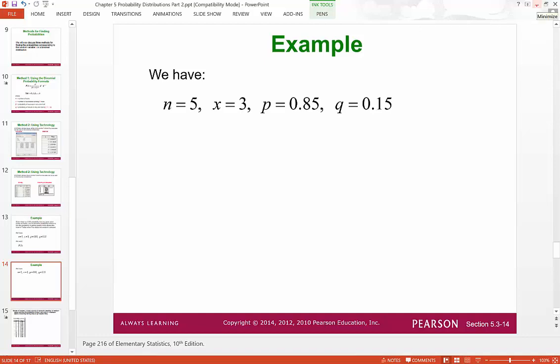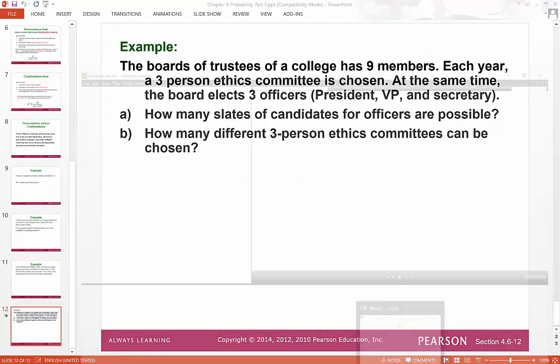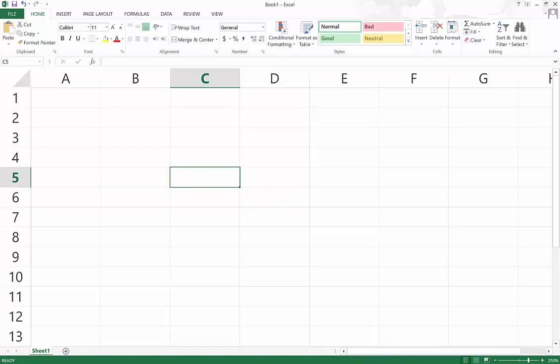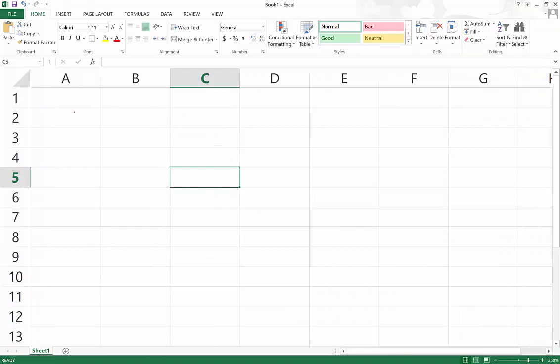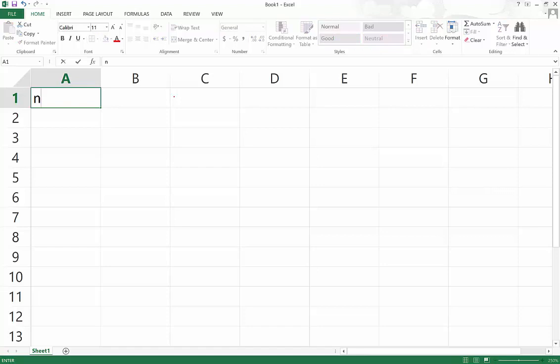Let me show you how to do this in Excel. For example, n equal to 14 newborn babies, x equals 7, and then p equal to 0.5, q equal to 0.5.